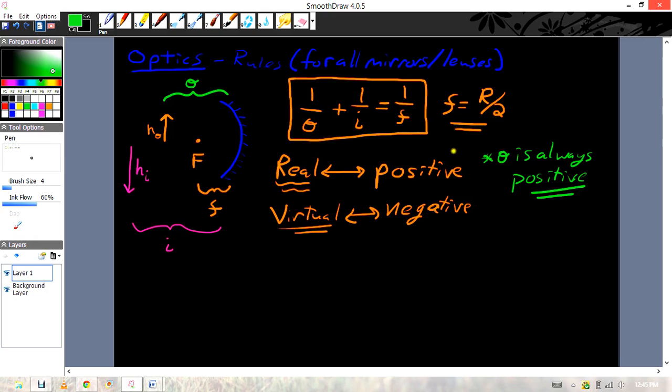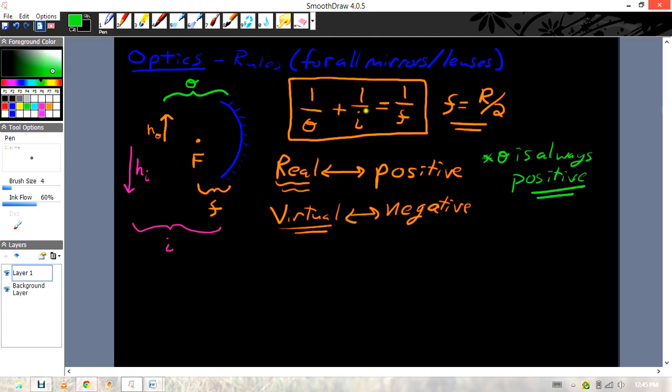If you do have more than one mirror or lens, you can have negative objects, but we are not going to be doing that. So there's no such thing as a virtual object in our case. Therefore, O is always positive. Easy, done.